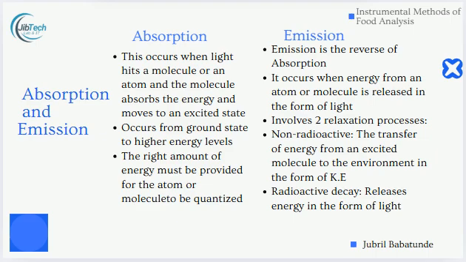Now let's talk about absorption and emission. This is also very important. It's good we have this background on how matter is able to absorb light and how matter is able to emit light. So we're going to talk about absorption and emission.